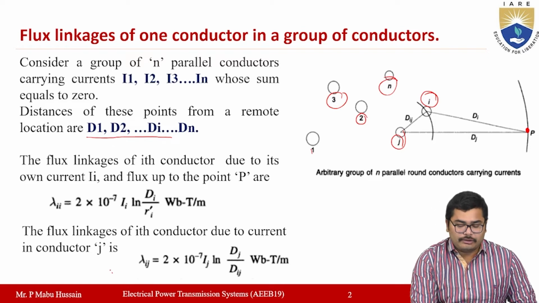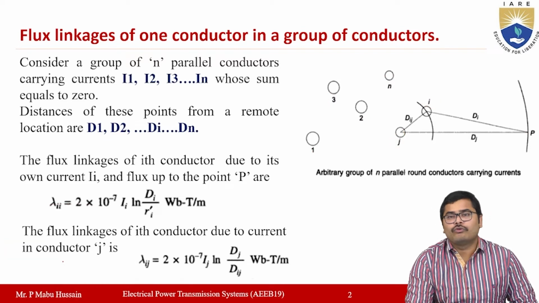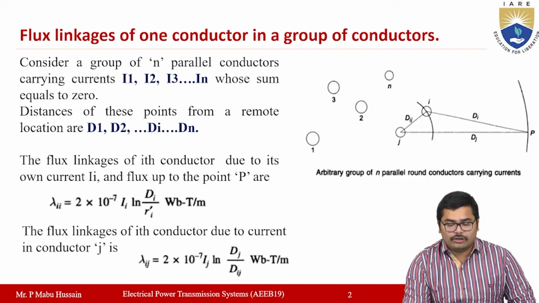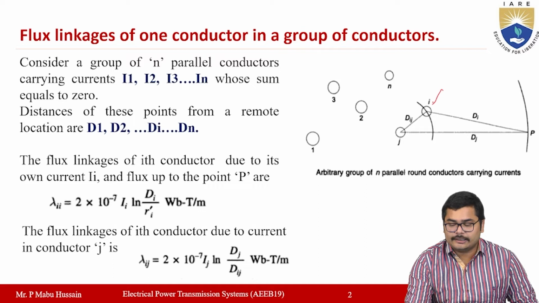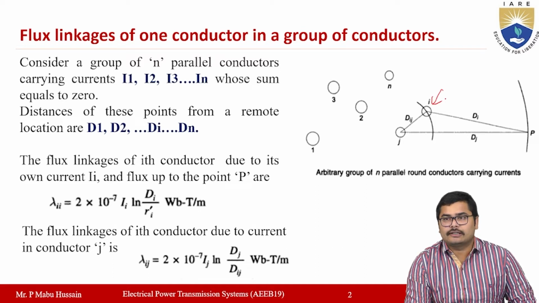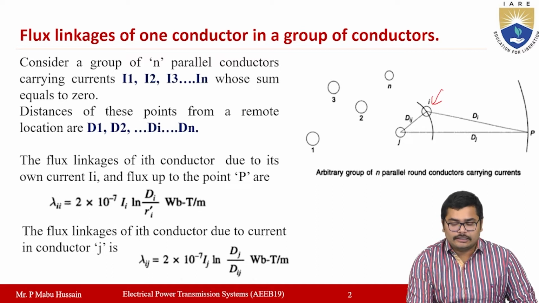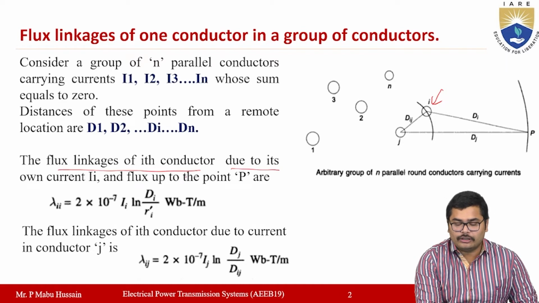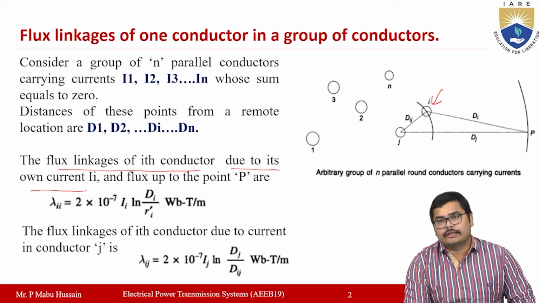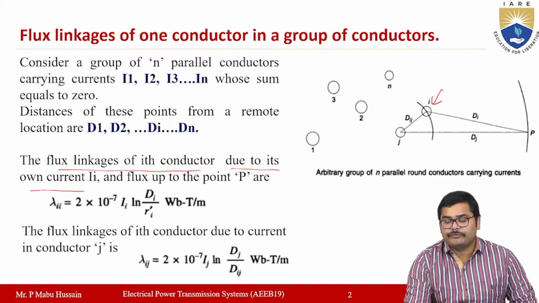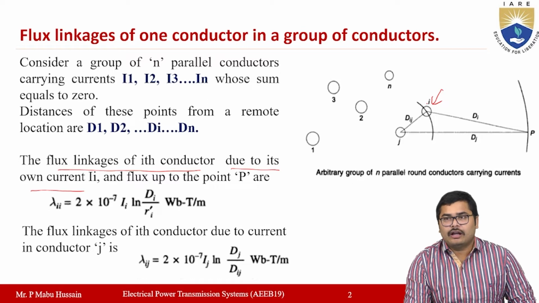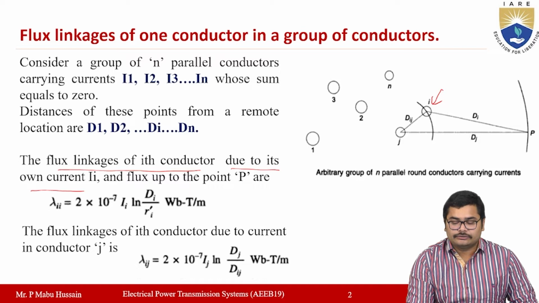Now we have to develop the flux linkages of one conductor in a group of conductors. If you consider the ith conductor, then the flux linkages of the ith conductor are due to the current flowing in that conductor itself.